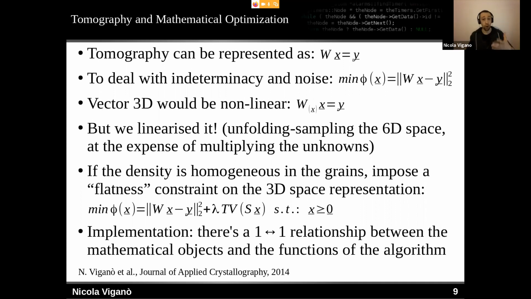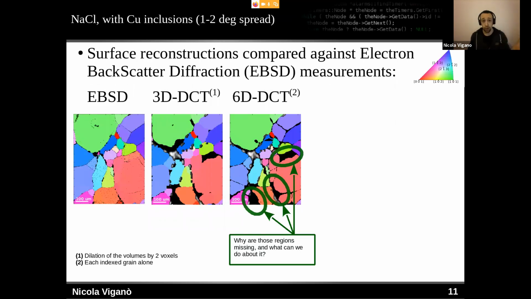And this can lead to priors about the reconstruction. And this can help a lot in stabilizing the reconstruction and actually making it converge to something that is physically feasible. And once we have this, basically we have everything for reconstructing, and we can reconstruct.